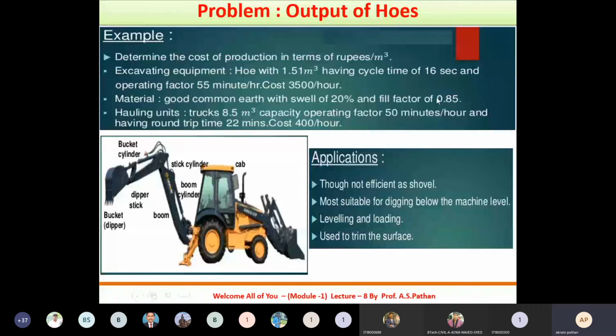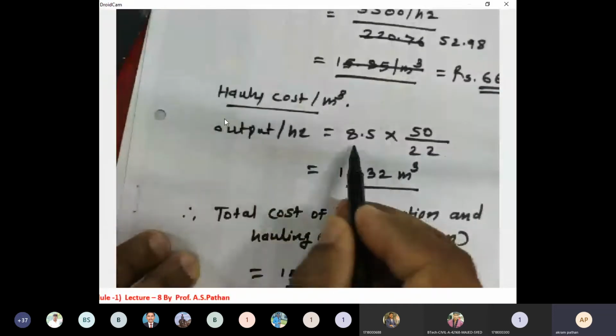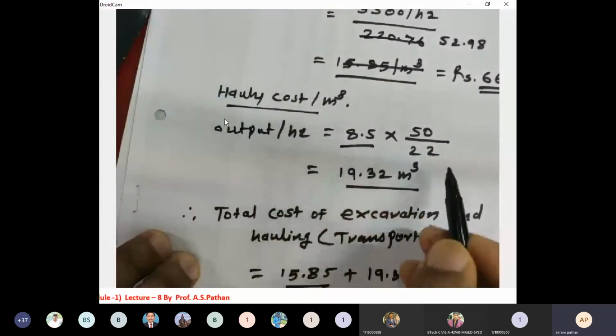See in the problem here, the capacity operating factor is 50 minutes per hour, and the round trip time is 22 minutes. So 50 divided by 22, and the capacity of the truck. So this is the output per hour, and this is the truck capacity in meter cube.